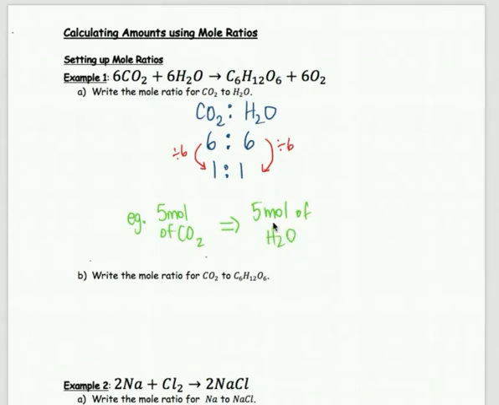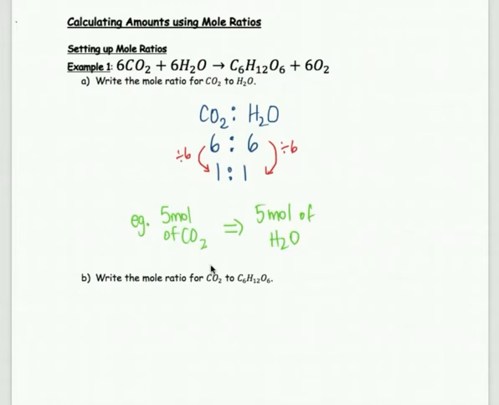Okay, so that's kind of what we're doing here. We're trying to compare just the amounts of each substance that we're looking at, and then if we know a lot of information about one, so for example here, the carbon dioxide, if I knew the information about carbon dioxide there, I could predict how much of the other stuff I would have, okay?